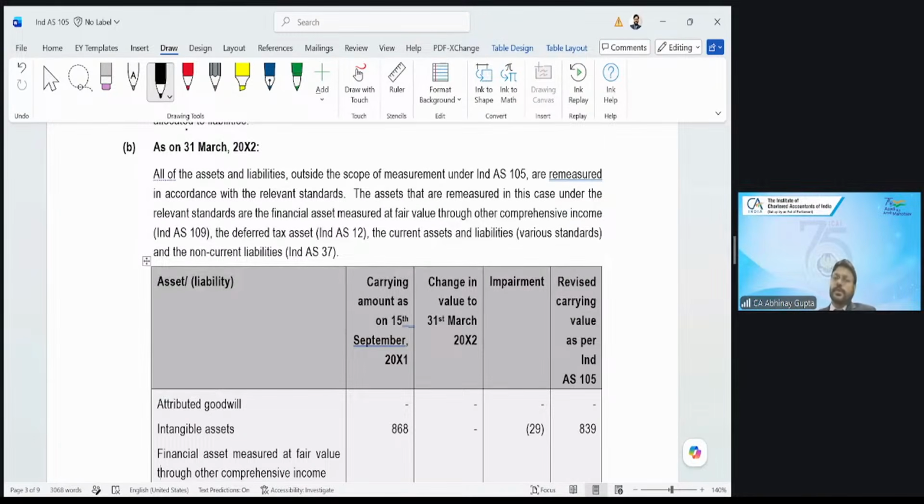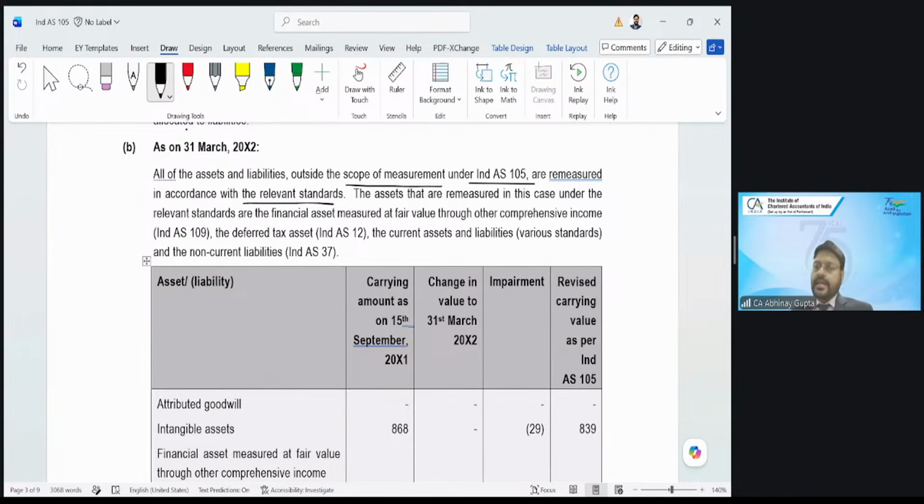Now we need to recompute the balances at 31st March 2002, right? So all of the assets and liabilities outside the scope of the measurement under Ind AS 105 are remeasured in accordance with relevant standards, right? So whatever items are outside the scope of 105, which items? Five items, which we have discussed in today's session again, right?